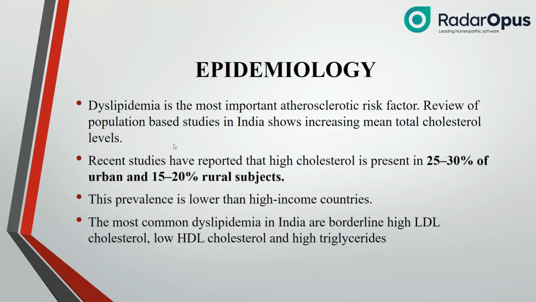The most common dyslipidemias in India are the borderline high LDL cholesterol or the low HDL cholesterol and high triglycerides. So what we majorly notice in our population is the high triglyceride level, which will come under the high cholesterol report also.